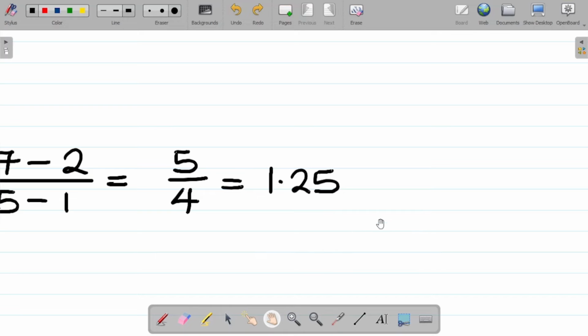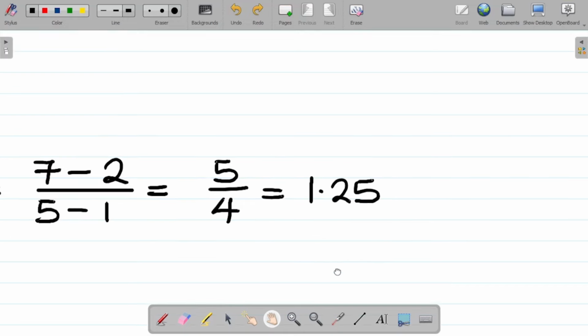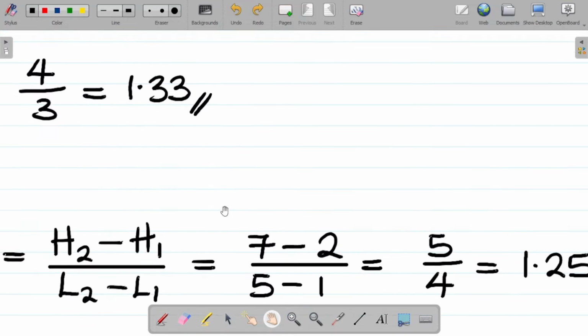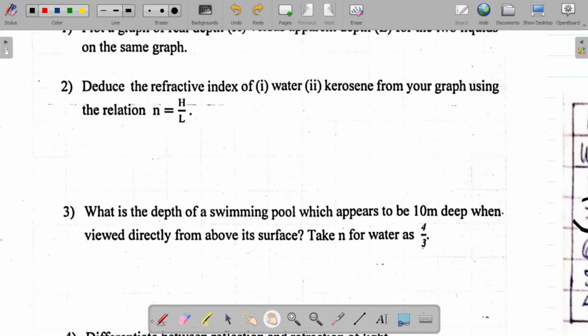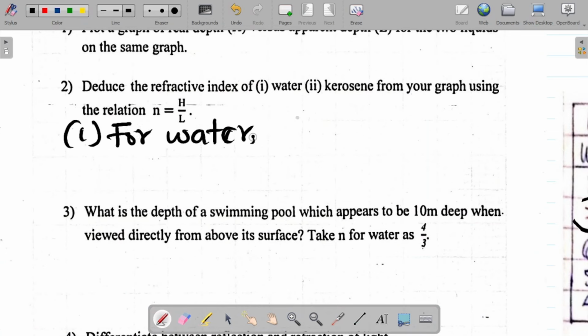Let's proceed with this. Having got this, let's go back to 1.33 and 1.25. For water, we have that N is equal to 1.33.